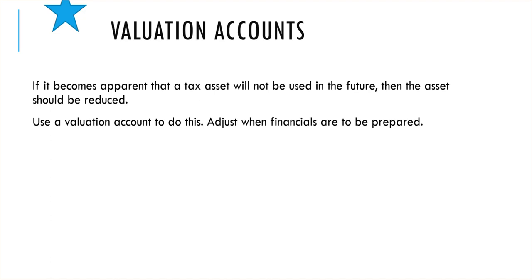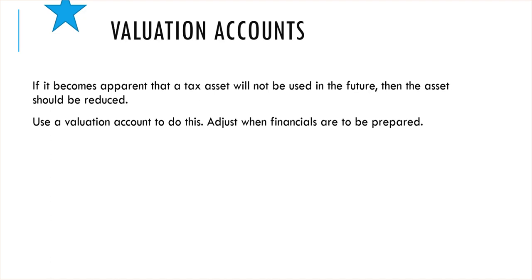So I look at this as a separate adjustment that needs to be made when you go back and look at your work and you see that there is a problem with this deferred tax asset, and it might be overvalued. We may not get the full benefit.